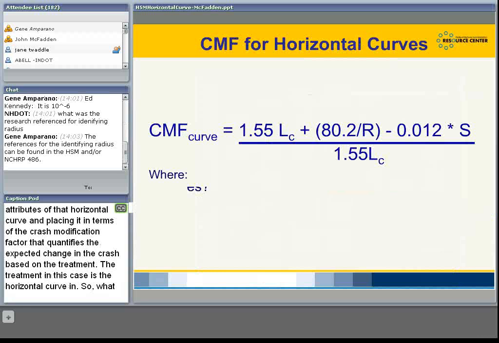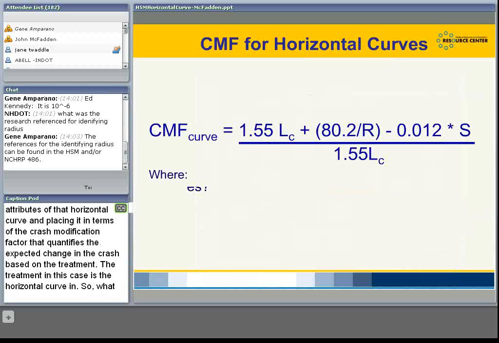We then plug it into the equation, putting the values in, and you would get a crash modification factor of 2.62. What does this mean? This means you would expect 2.62 times more crashes at this site when you compare it to the same exact site as though it were a tangent section.